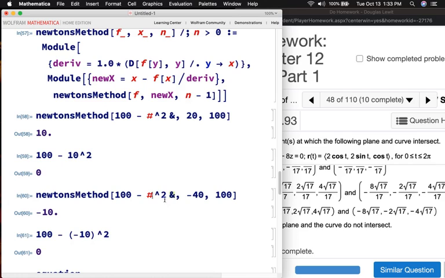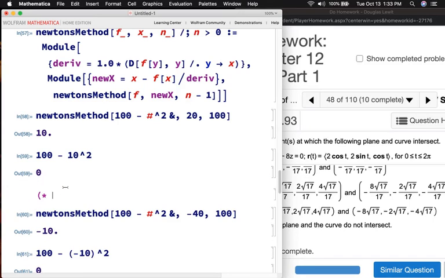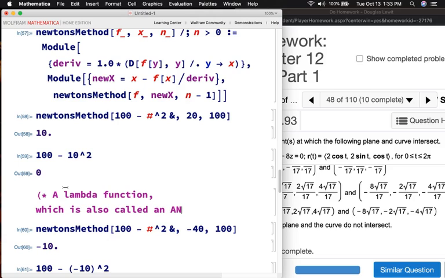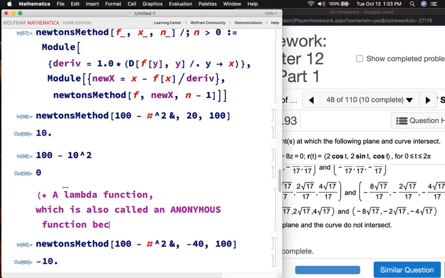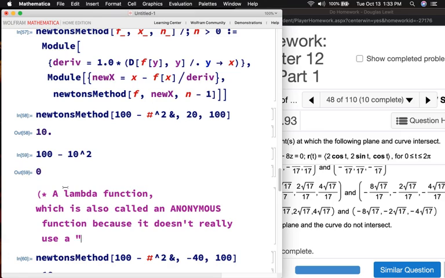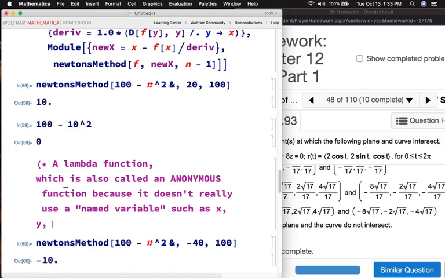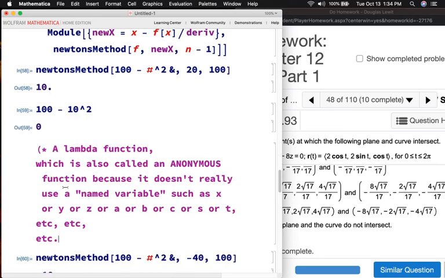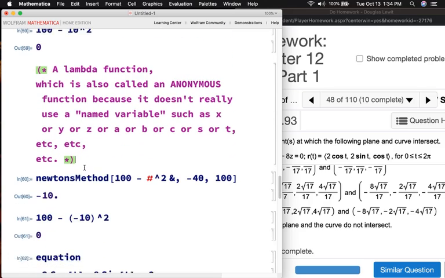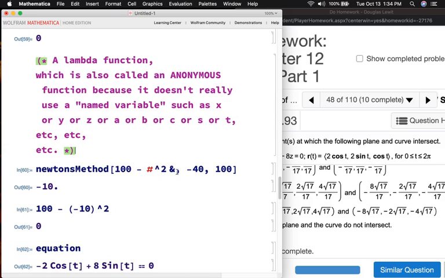This is called a lambda function, which is also called an anonymous function, because it doesn't really use a named variable such as x, y, z, a, b, c, s, t, and so on. So with Newton's method, I strongly recommend that this is what you use.